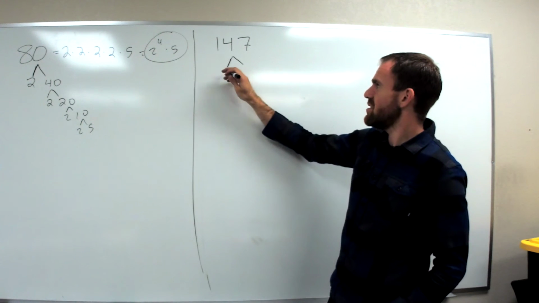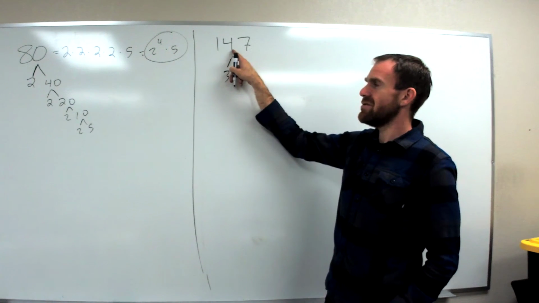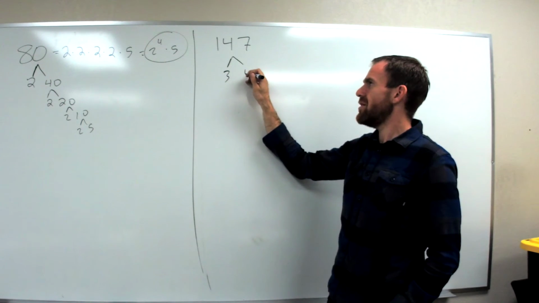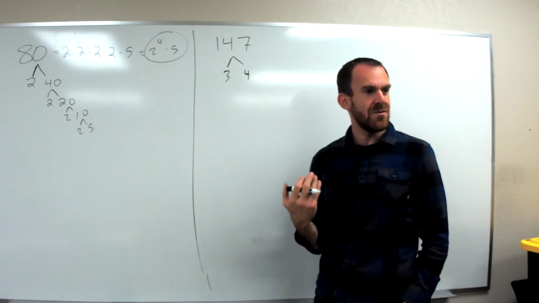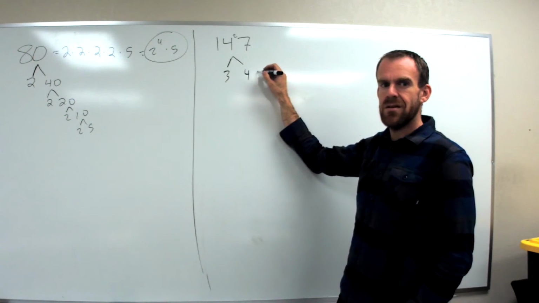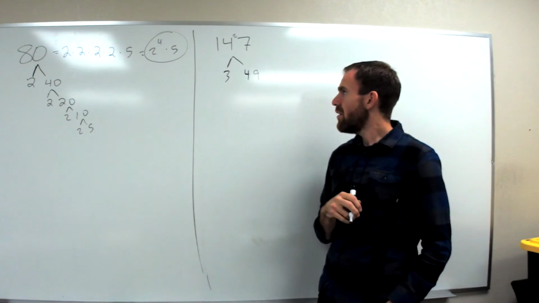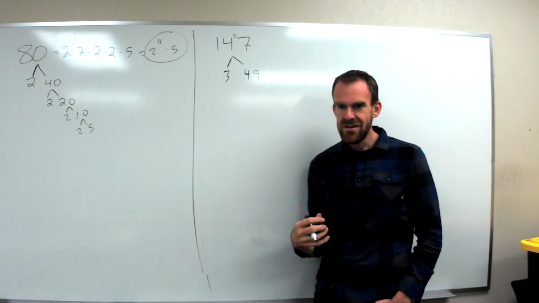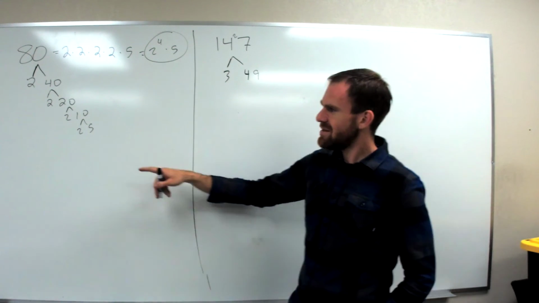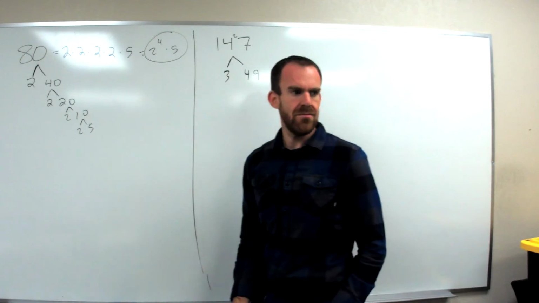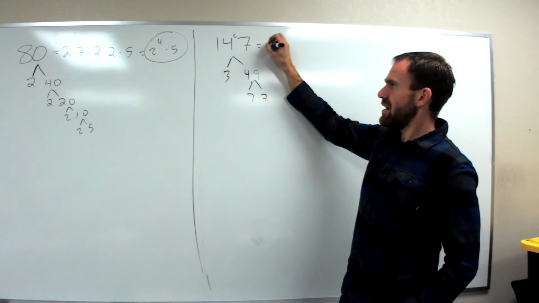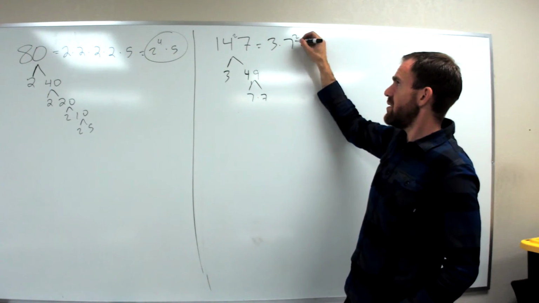So 3 should go into this evenly. 3 goes into 14 4 times. 3 times 4 is 12, right? 3 goes into 27 how many times? 9. Okay, can I break it down? 49. Yep. Which of these numbers go into 49? 7 and 7. So this would be 3 times 7 squared.